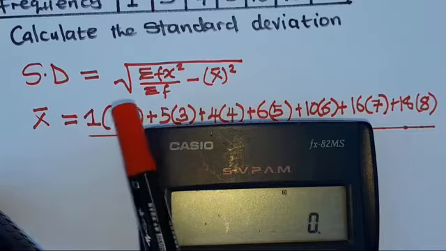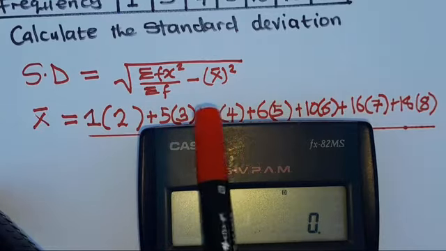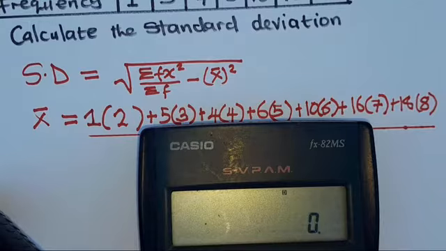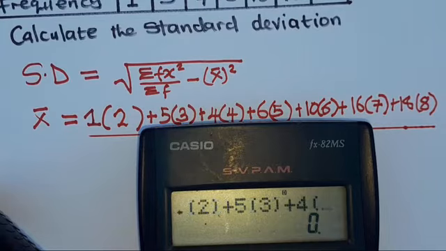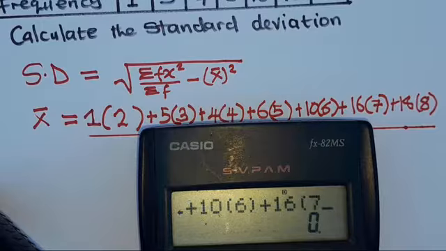So at this stage, you are going to punch everything that is on the numerator there on the calculator. Okay, so we are going to say 1, open brackets, 2, close, plus 5, open brackets, 3, close, plus 4, open brackets, 4, close, plus 6, open brackets, 5, close, plus 10, open brackets, 6, close, plus 16, open brackets, 7, close, plus 18, open brackets, 8, close.